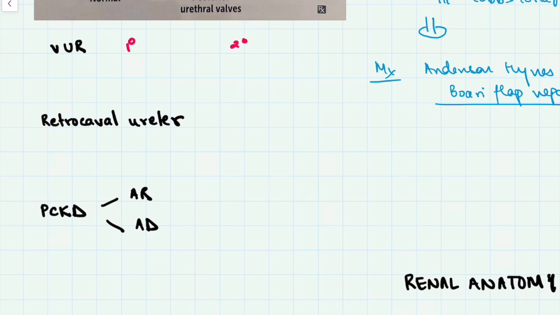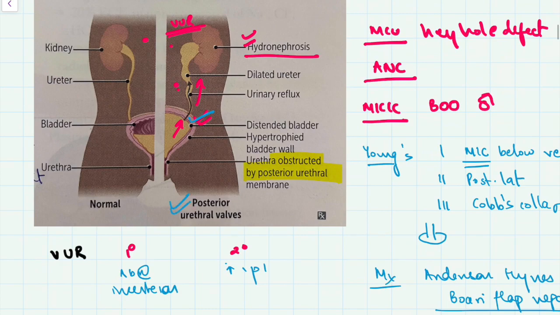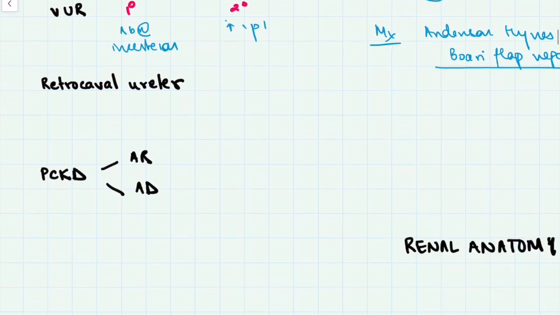It can be either primary or secondary. The primary VUR is usually due to abnormal insertion of the ureters, while the secondary is due to increased pressure of the bladder, right. As in secondary to posterior urethral valves, there was increased pressure causing VUR.